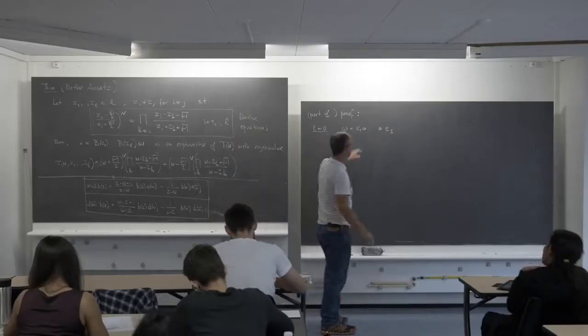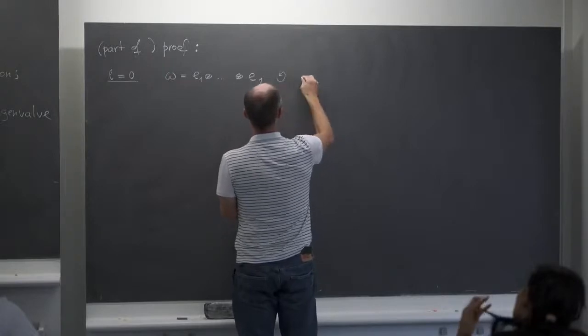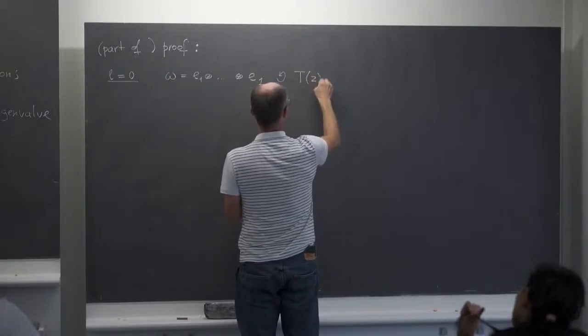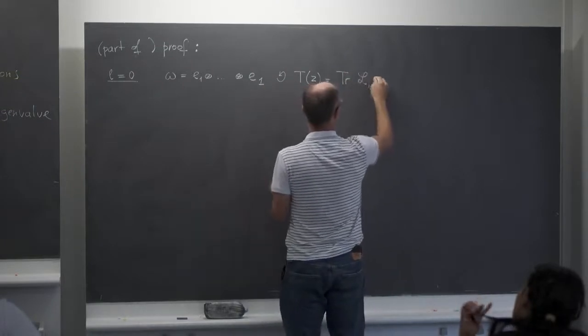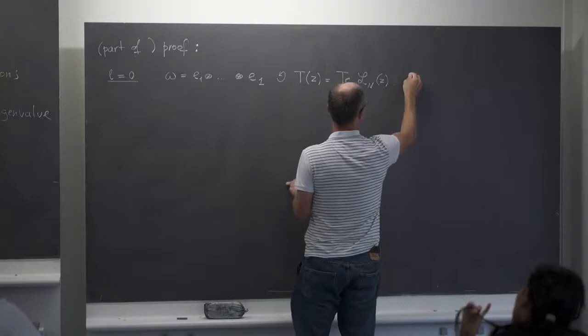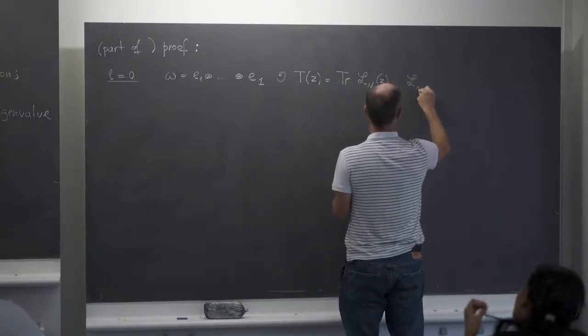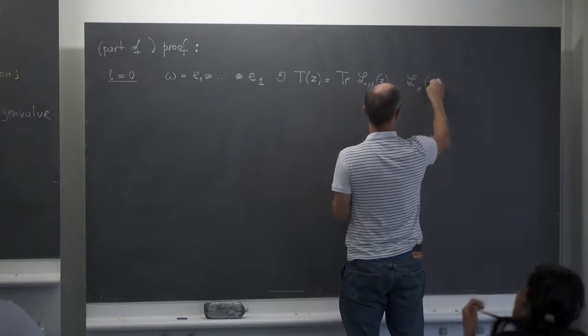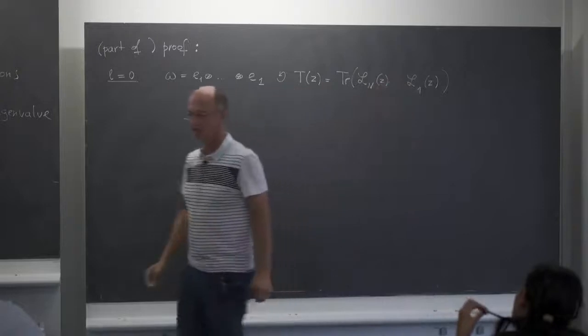Now we would like to act on it by the operator T of z, and this is a trace of a huge product.